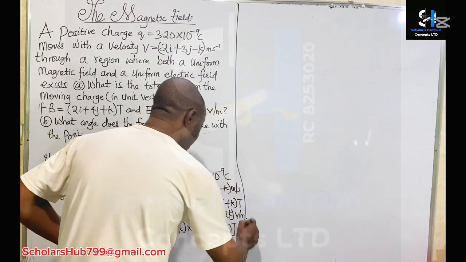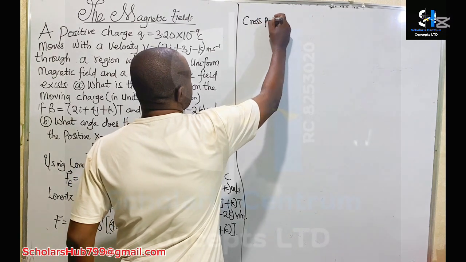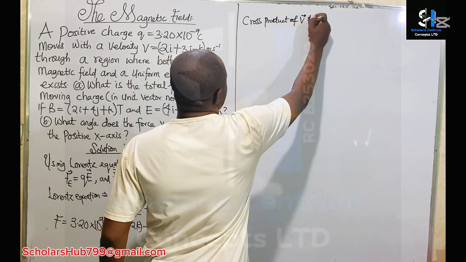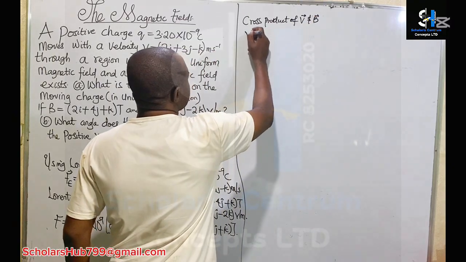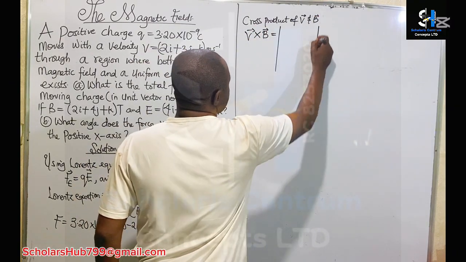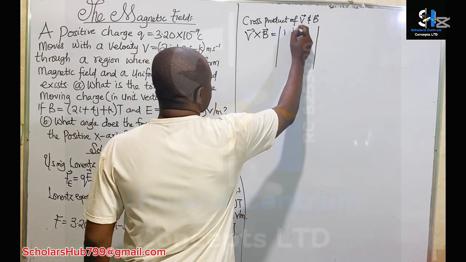Now we have the cross product of V and B. That means we need to find the determinant. So we have i, j, k as the unit vectors.